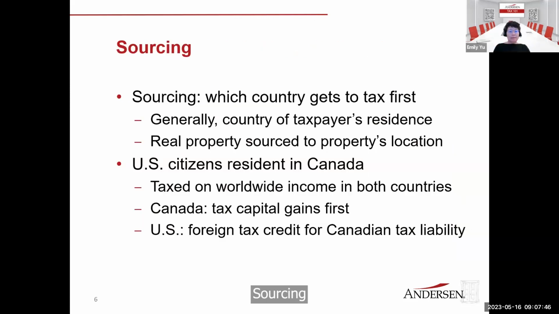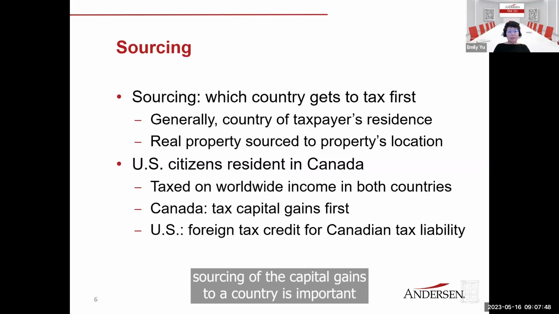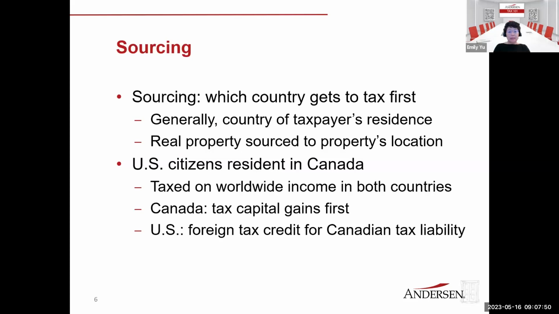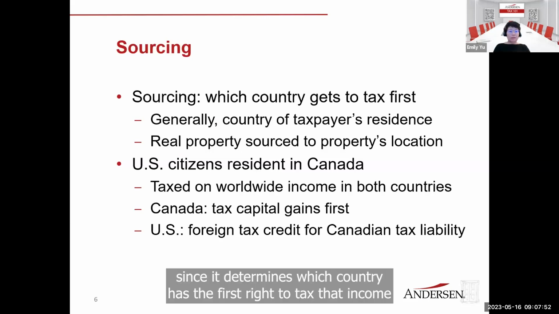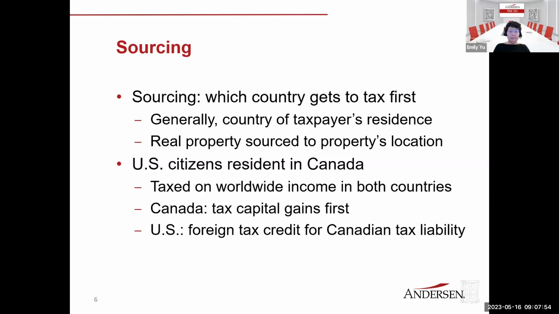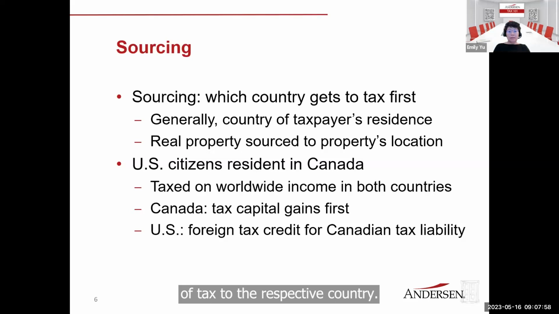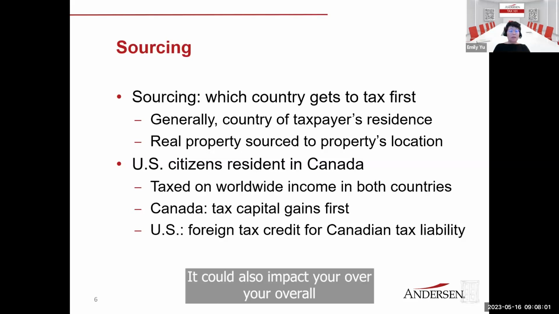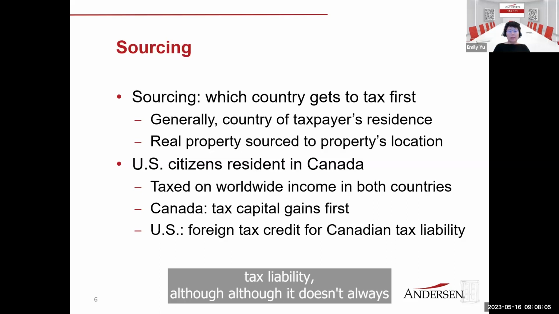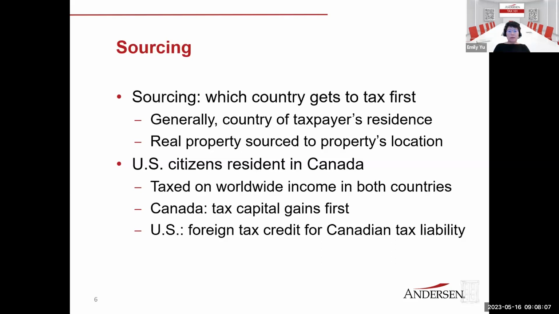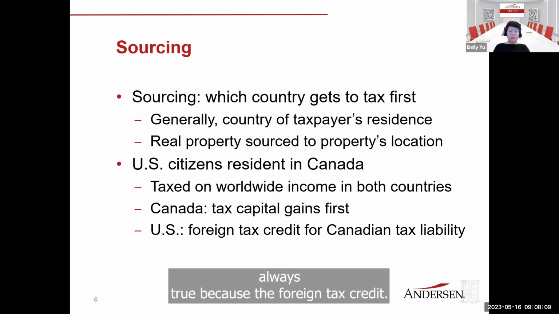Sourcing of a capital gain to a country is important since it determines which country has the first right to tax that income, and it ensures that you pay the correct amount of tax to the respective country. It could also impact your overall tax liability on the gain, although it's not always true because of foreign tax credit.